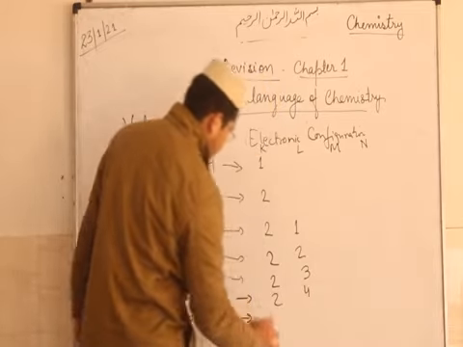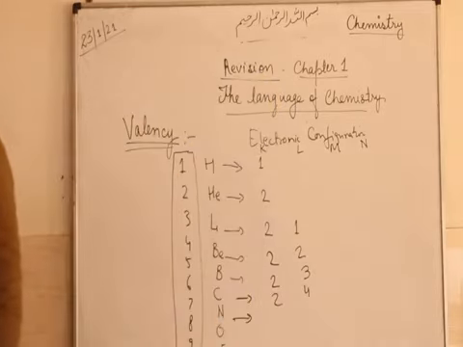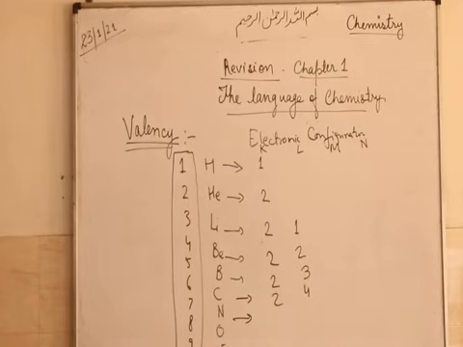We are not using the n square formula after 20. Actually it is valid, but when we go to higher atomic numbers there are some exceptions.